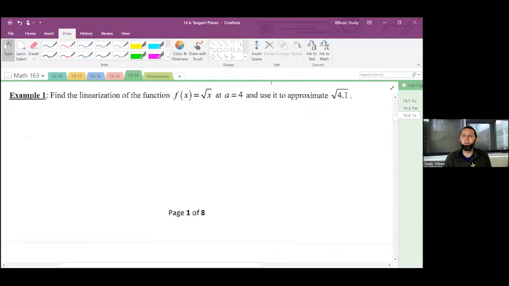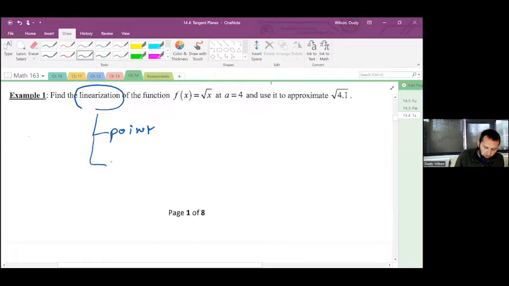Example 1. Find the linearization of the function f of x equals square root of x at a equals 4, and use it to approximate the square root of 4.1. So if we're going to do a linearization, then we need a point, and we need a slope. So our point is going to be (4, square root of 4), or (4, 2).